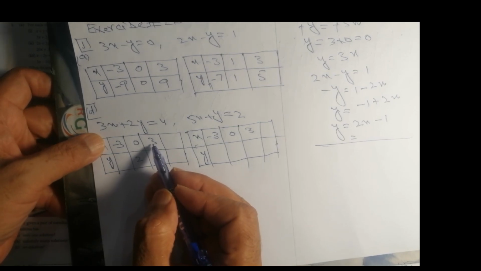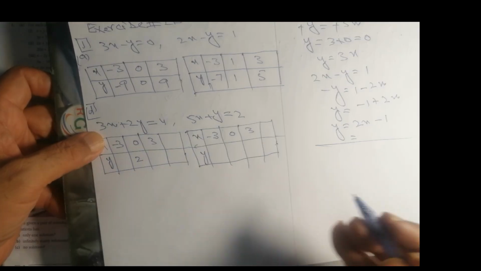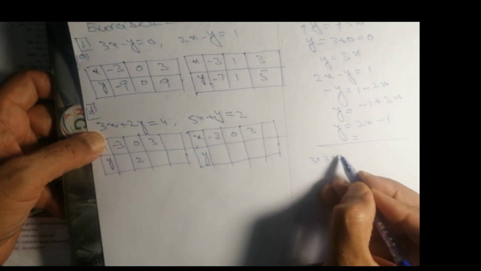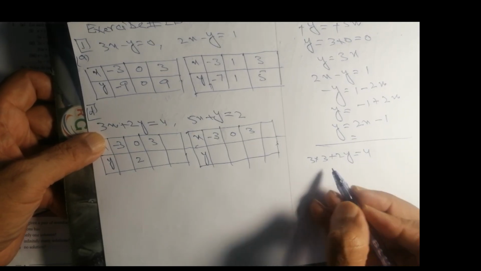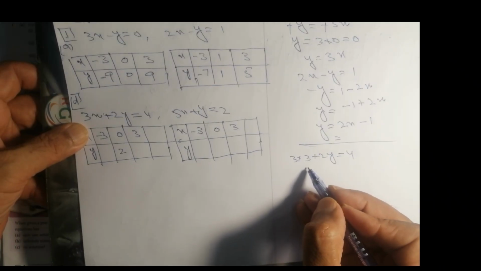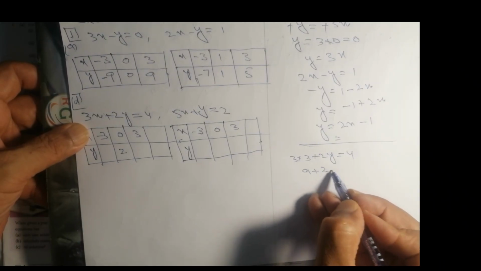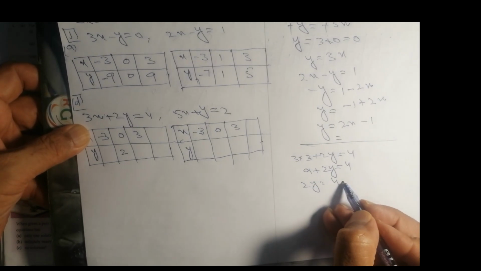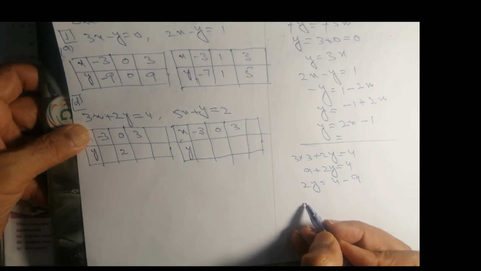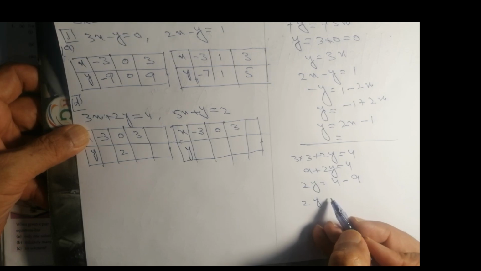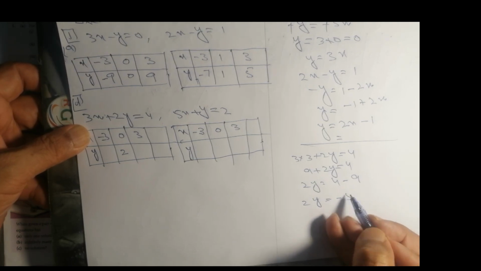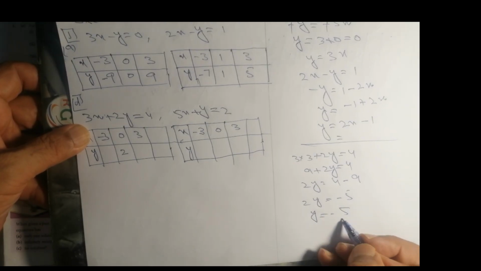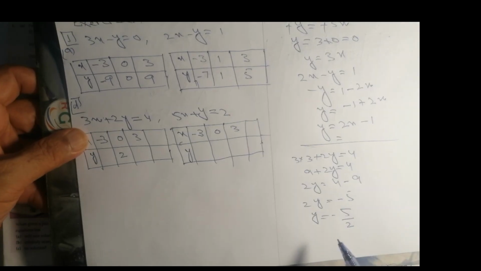If we put x equal to 3, we can write 3 into 3 plus 2y equal to 4, so 9 plus 2y equals 4, 2y equals 4 minus 9, 2y equals -5, and y equals -5 by 2, which is -2.5.